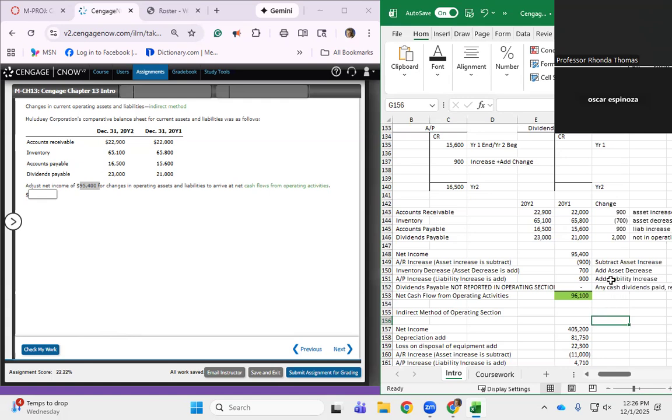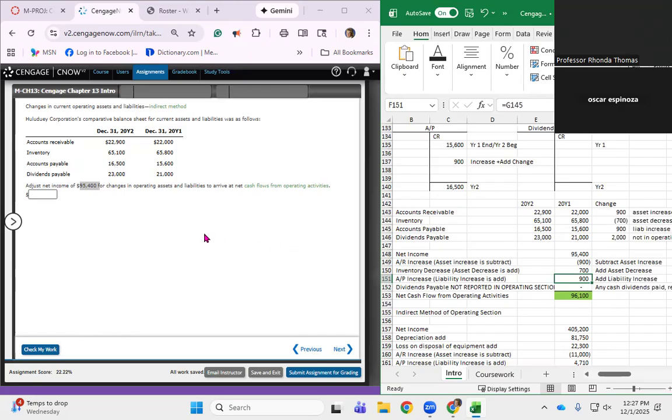And when you look at an asset that decreases, you add the change. Okay. And then we looked at a liability that had increased, right? So I went from 15,600 to 16,500. That's an increase in a liability.